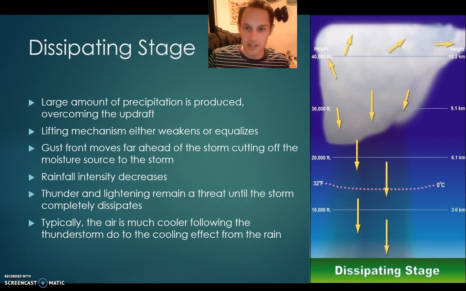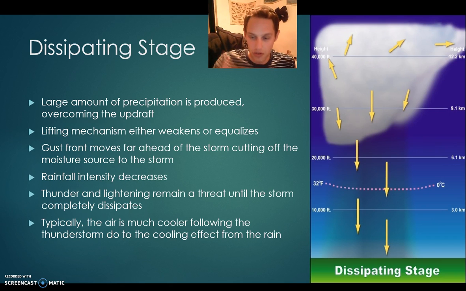So you have this intense storm going on, and at a certain point, the storm essentially rains itself out. This is the dissipating stage, and this is when the downdraft is stronger than the updraft. So we have a lot of air that's getting pushed down and a lot of rain coming down. The storm starts to weaken because nothing is fueling it anymore, since the gust front that was created pushes ahead of the rain, which cuts off the source of moisture.